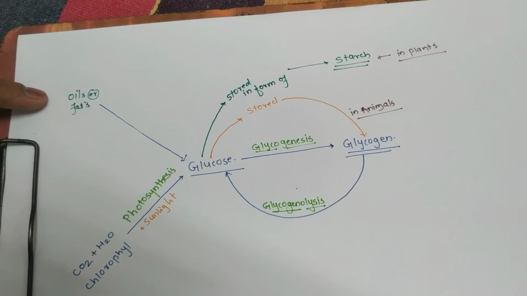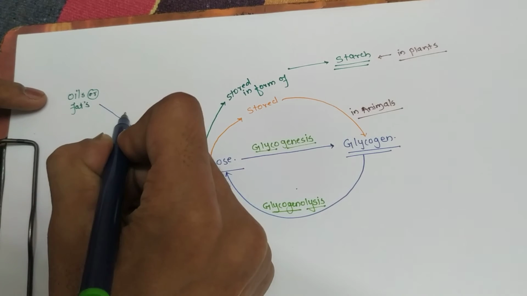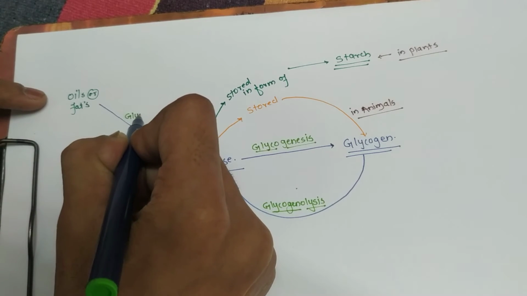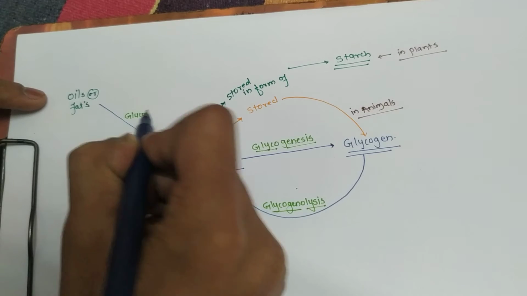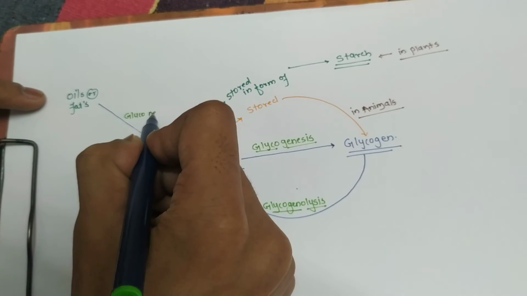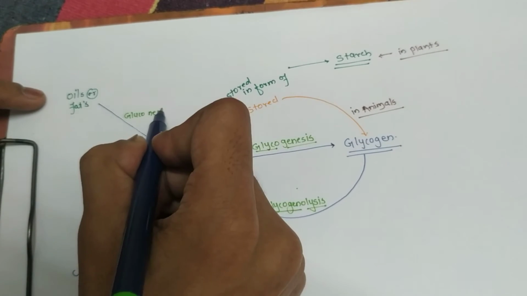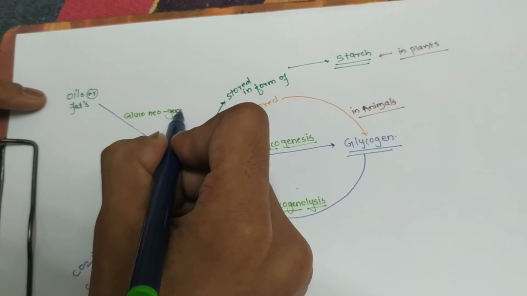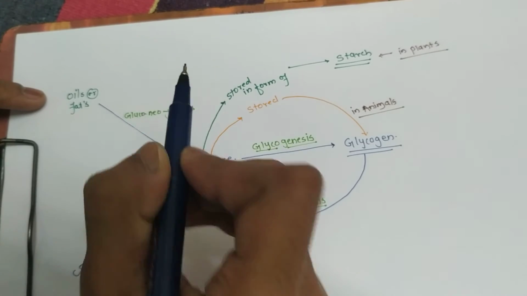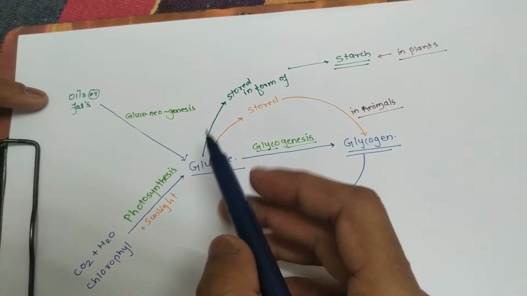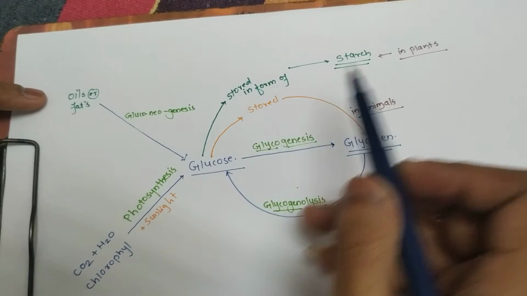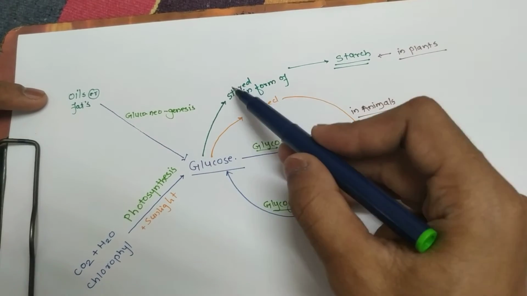So that process we call gluconeogenesis. Gluco is glucose, neo is non-carbohydrate sources, and genesis is formation.